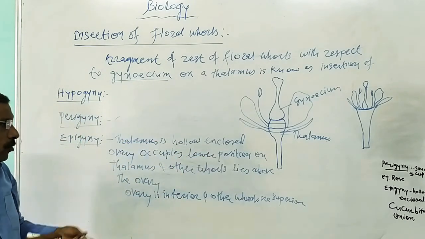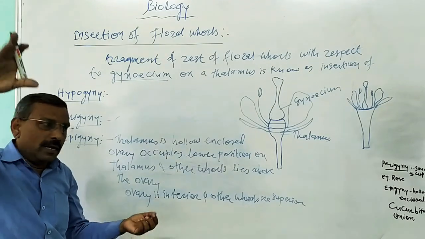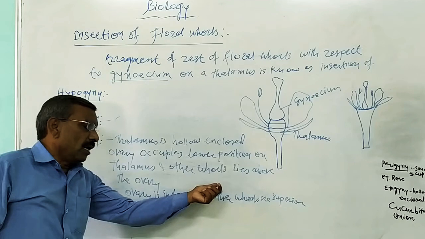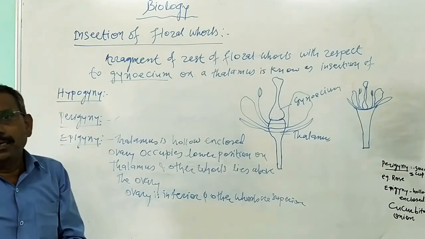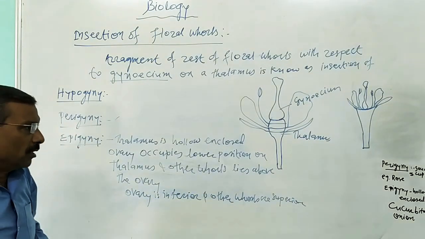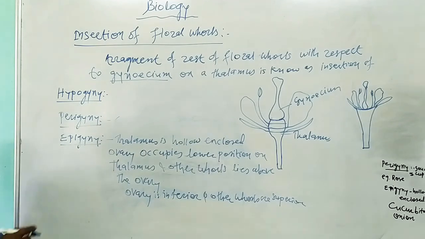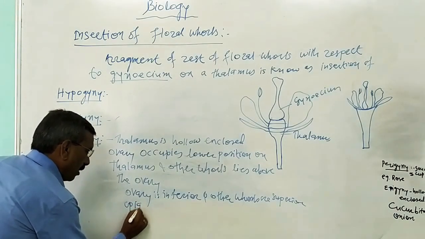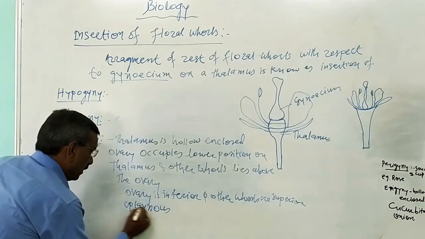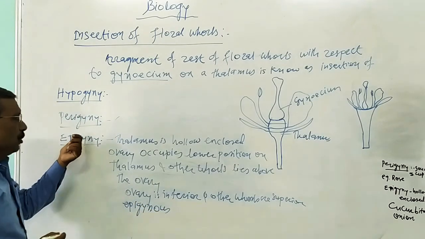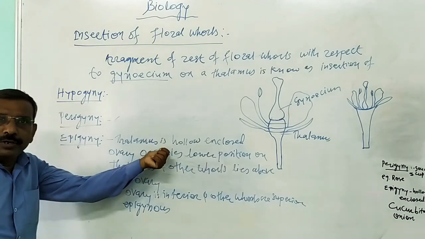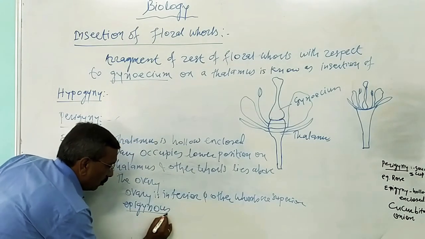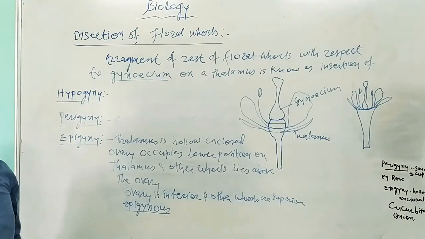The other floral whorls lie above the ovary, and the position of the ovary is known as inferior, and the other floral whorls are known as superior. And here the flower is known as an epigynous flower. The flower which shows an inferior ovary, that condition is known as epigyne, and the flower is known as an epigynous flower.